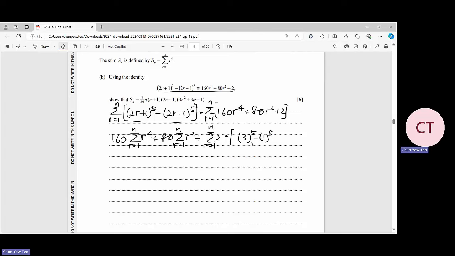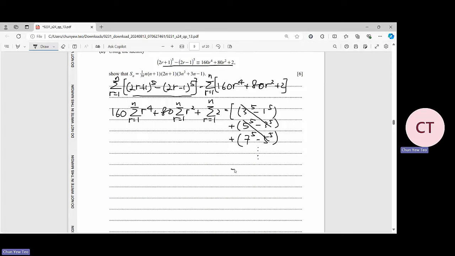Okay, so maybe you should do it like this. Plus, if you put r equal to 2 inside, you will get 5 power 5 minus 3 power 5. If you put r equal to 3 inside, you get 7 power 5 minus 5 power 5, and so on, because you can see that the pattern will cancel the terms in such a way.